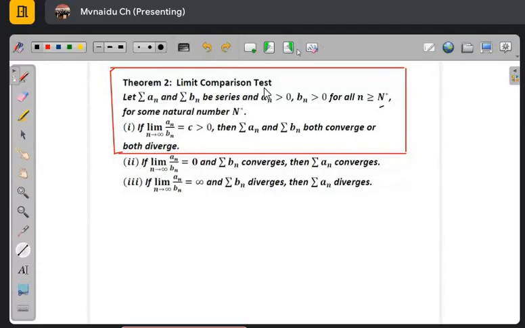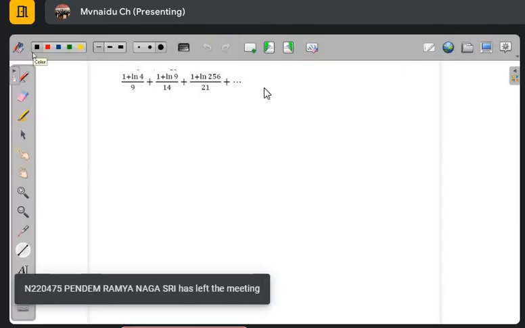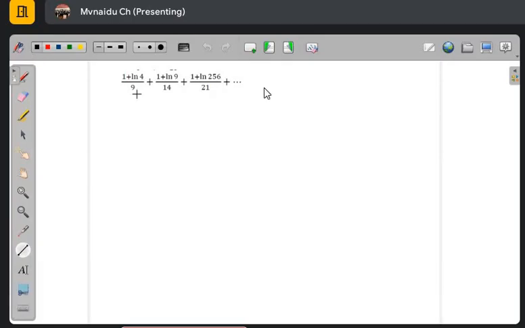So let's take this problem. First, you better write the nth term for this. What would be the nth term? an equals 1 plus ln of... okay, I need to see this pattern, which is actually 4, 9, 256.